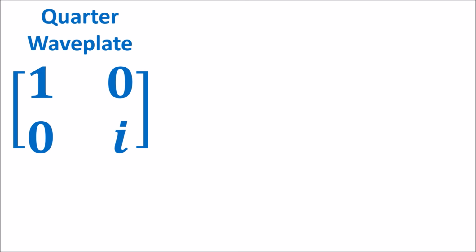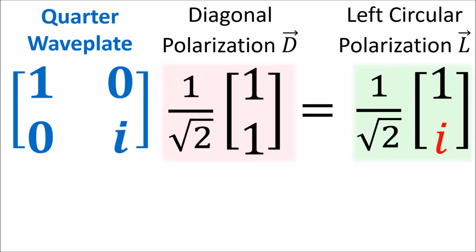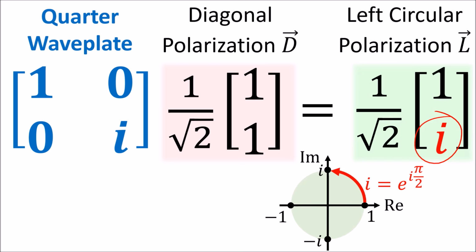If we apply this matrix to our diagonally polarized Jones vector, it leaves the horizontal polarization alone, but applies a quarter phase change to the vertical polarization. Remember, the imaginary i is a quarter turn around the complex unit circle, so it represents a phase change of a quarter cycle.